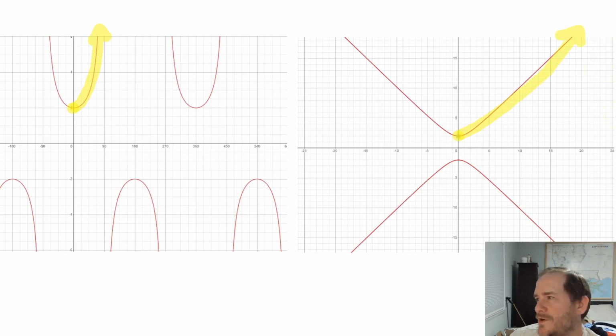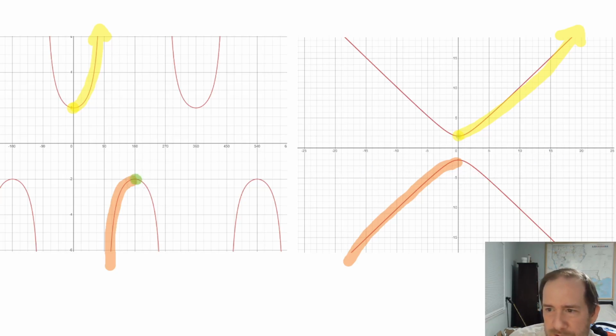Watch now as I switch to orange. The next branch is we pick up here, and we're coming up from negative infinity. That would be this branch here, coming up from negative infinity and going here. Then watch as I switch to green. Those same y values start to go back down to infinity now.